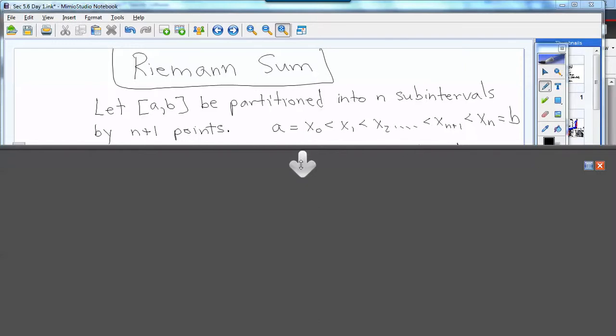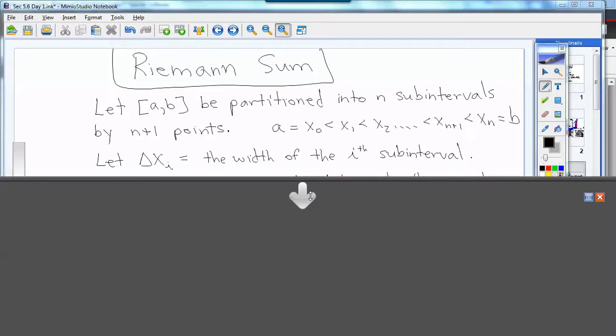Okay, let delta x sub i be the width of the ith subinterval. First subinterval, second subinterval, third subinterval, whatever. When we have 4 subintervals, we'd have delta x1, delta x2, delta x3, delta x4. Now, 99.9% of the time, we will not be looking at delta x1, delta x2, and delta x3.